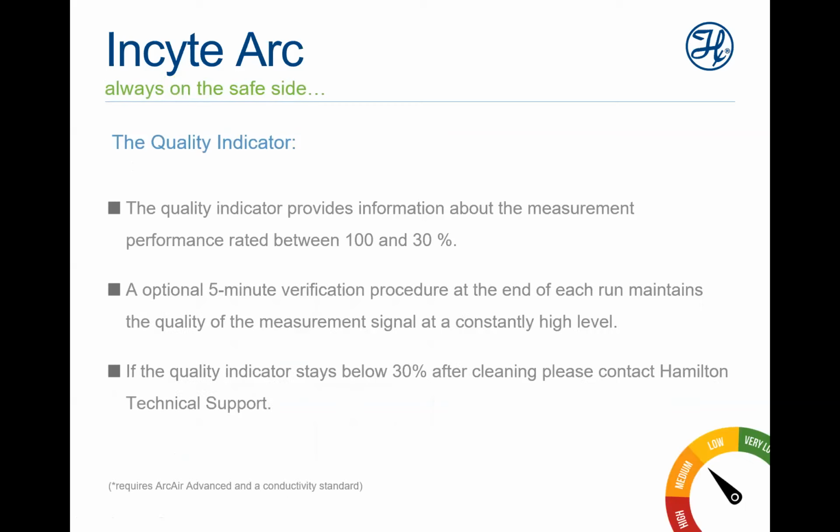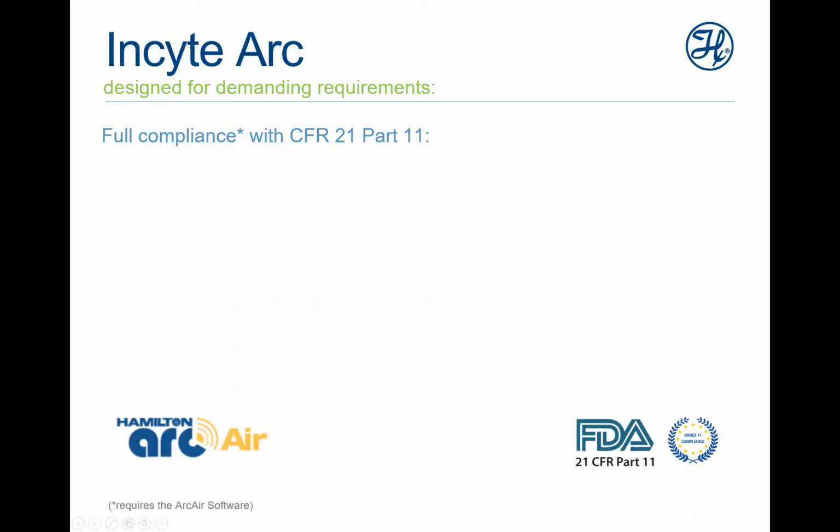So I will skip this slide here and hand over to this slide here, which is about the CFR 21 Part 11. For all those people who are working in production, the requirements of CFR 21 Part 11 are decisive. These regulations place high demands on data integrity.